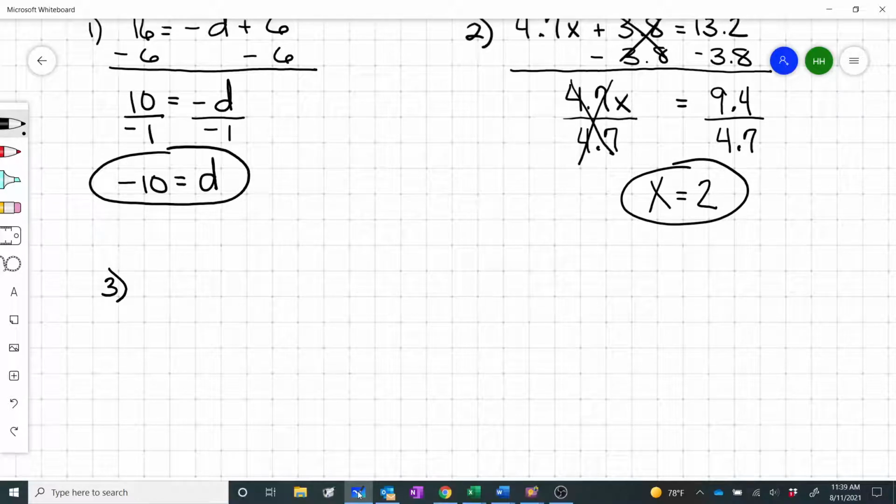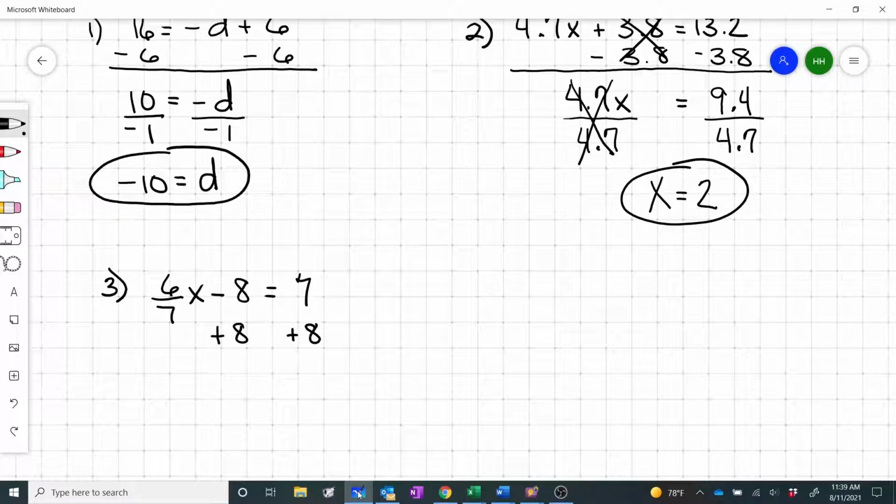Number 3 was 6/7 x minus 8 equals 7. So right here you're trying to get this 6/7 x by itself, so you're going to add 8 to each side. And the 6/7 x will come down, the 8's go away, and it's equal to 15.